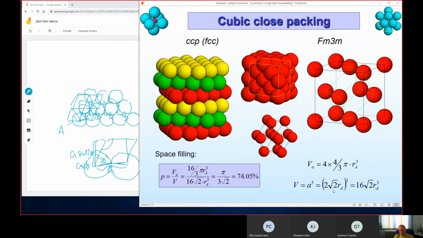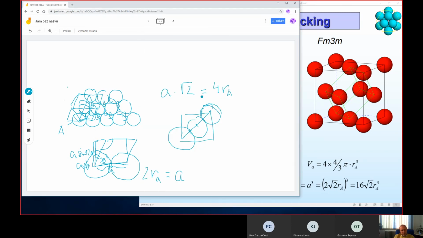So substituting this, we can express a as equal to 4 R_A over square root of 2, and 2 over square root of 2 is equal to square root of 2, so we have this form.